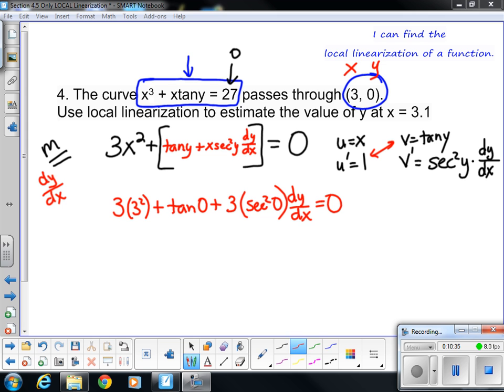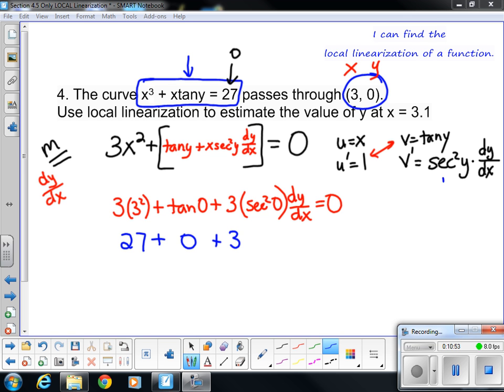To simplify this, 3 times 3 times 3, that's 27. Tangent at 0 is sine over cosine, which is 0 over 1, so that's a 0. And we have 3 times secant squared.